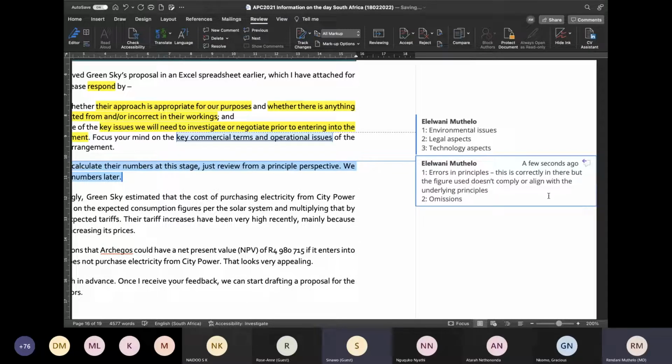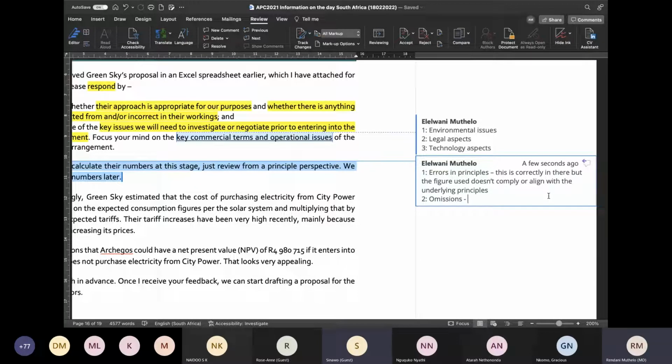So when you see revenue, I'm saying that yes, revenue should be there, but I saw that your revenue included non-operational and operational revenue, so that's why I'm rejecting it. So the item should have been there, but it does not comply or align with certain principles.